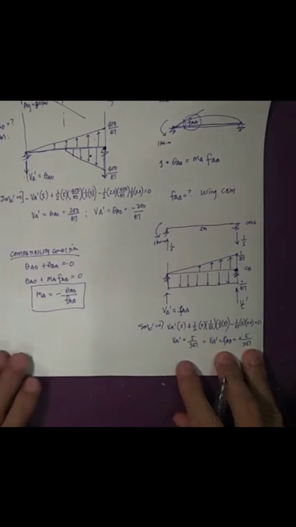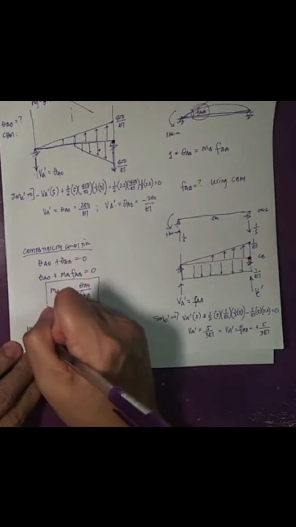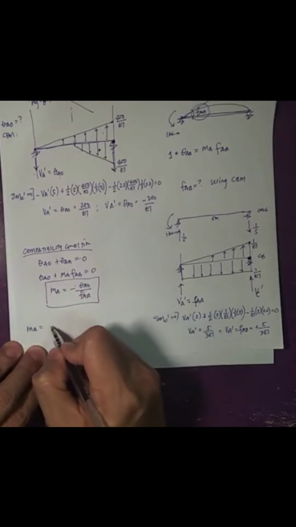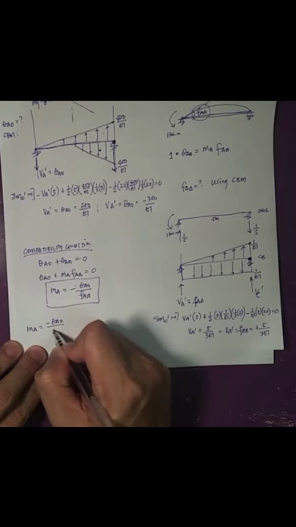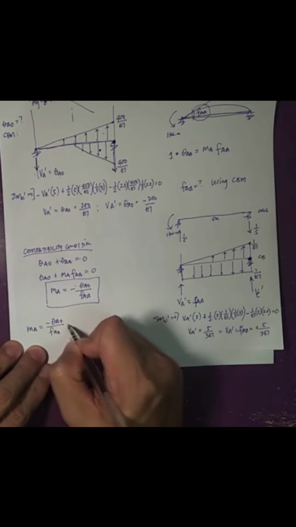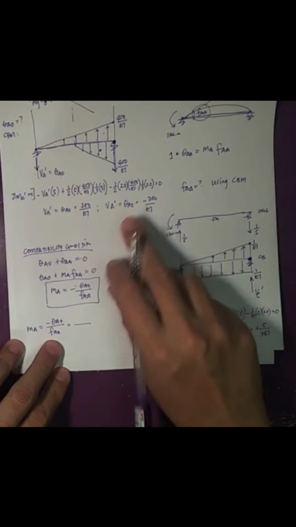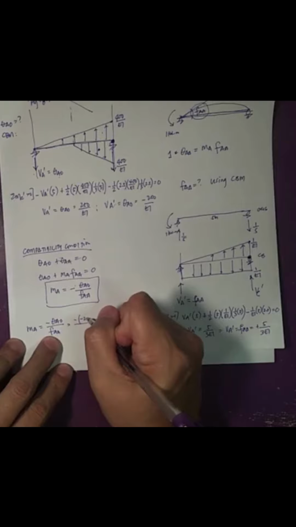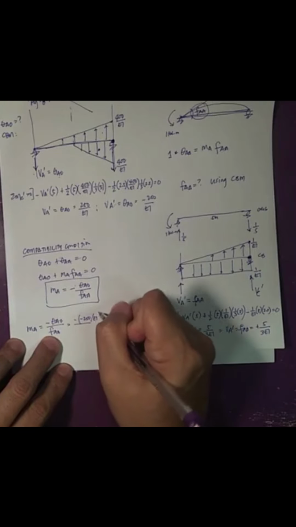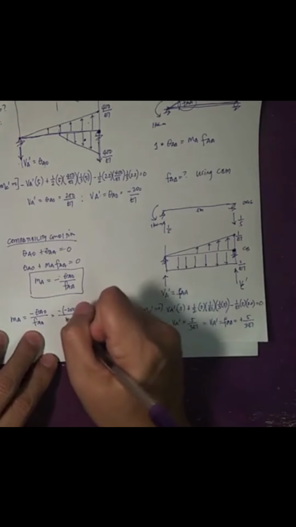So this is VA prime, which is fAA, positive 5/3 EI. Going back here, using the compatibility equation and substituting values, MA is equal to the negative of theta AO over fAA. That is the negative of negative 250 over EI divided by fAA, which is positive 5/3.